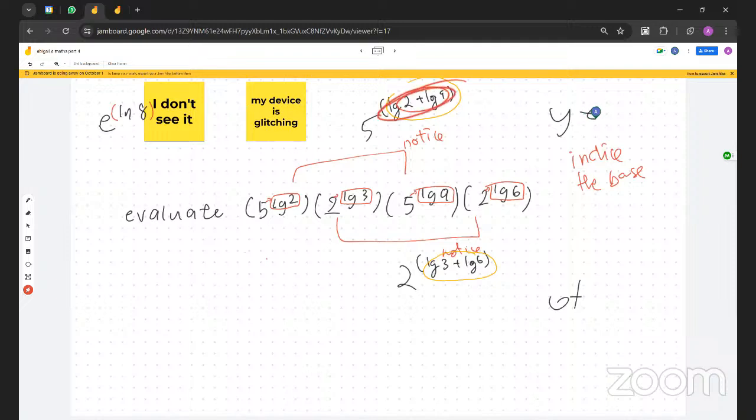Okay, then apply it here, please, quickly. Don't waste time. Feel free to look at the previous Jamboard, but please apply that law, the law that reduces many logarithms into one.